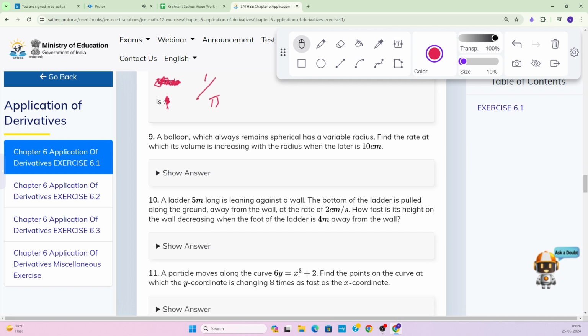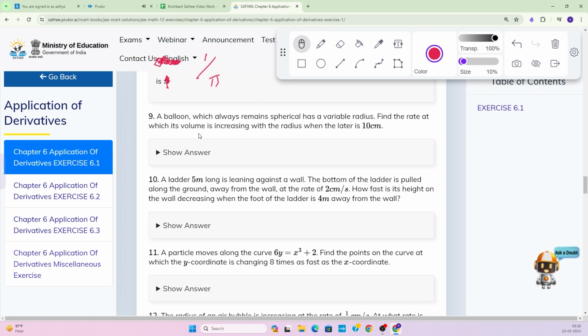Okay, now let us move to the next problem, the 9th. It says a balloon which always remains spherical has a variable radius. Find the rate at which its volume is increasing. So you want dV by dt when the radius is 10 centimeter.